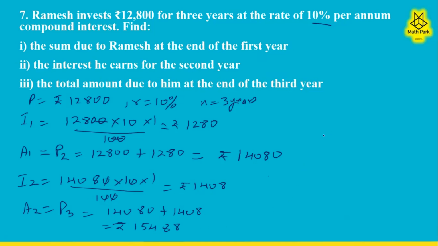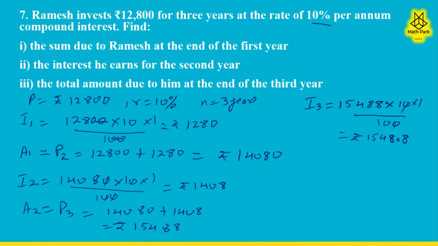So this is going to be the amount at the end of the second year, which becomes the principal for the third year. Now we find the interest for the third year, where the principal is 15,488 into the rate 10 into 1 upon 100, which we get as rupees 1548.8. Okay, this is the interest.